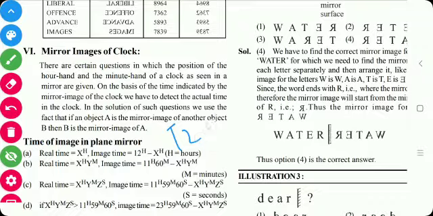If it is 4 o'clock, then 12 minus 4 means 8, it gives an 8 in the mirror image. There are certain questions in which the position of the hour and the minute hand of a clock as seen in a mirror image are given, and we have to find out the accurate time. This type of question is also asked in mirror images.